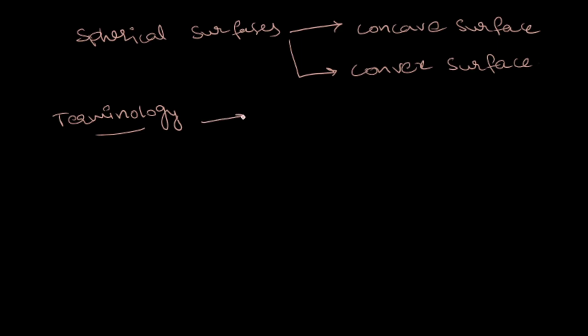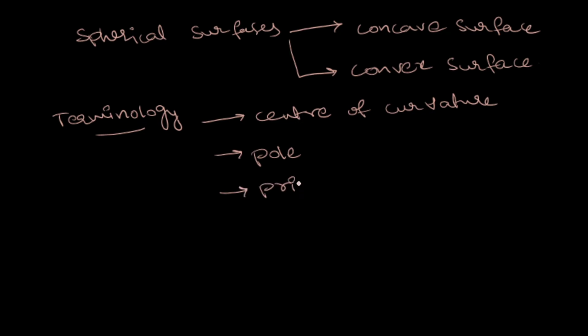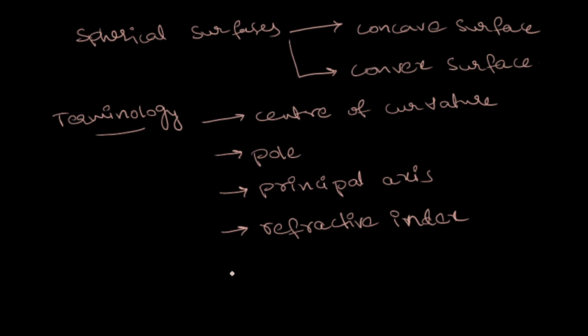The terminology related to these spherical surfaces: one is the center of curvature, I will explain one by one, and the other is the pole, principal axis, refractive index, focal length, focus point. All these are related to these curved surfaces only.